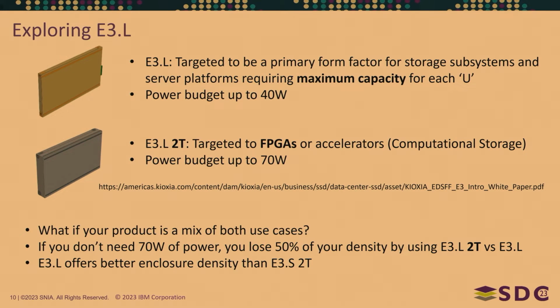So if you don't need 70 watts of power, you're really losing half your density if you go to the 2T versus the standard E3.L. And if you compare the E3.L to the E3.S 2T, you're really able to double your density by going to the E3.L, because you can fit twice as many drives in a front loader.